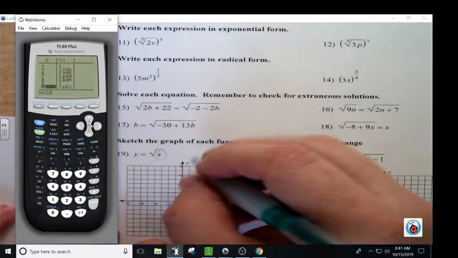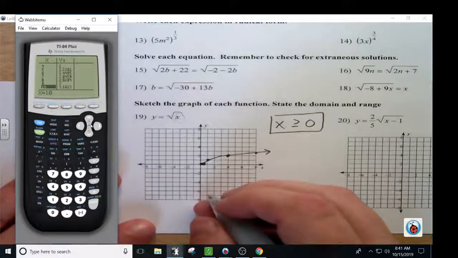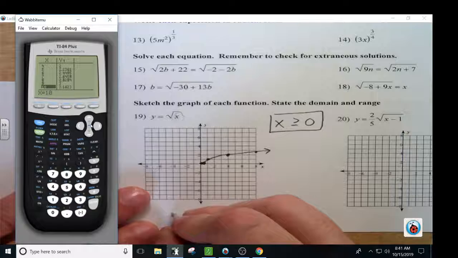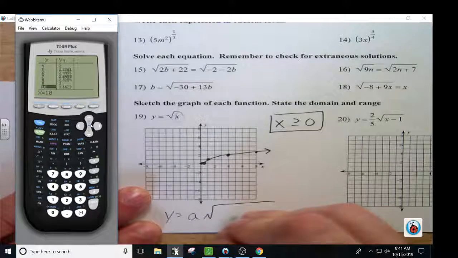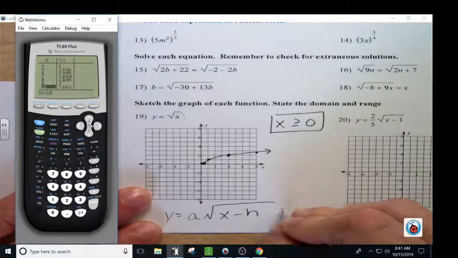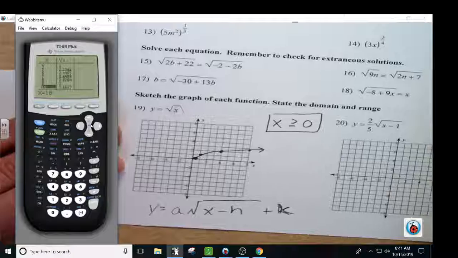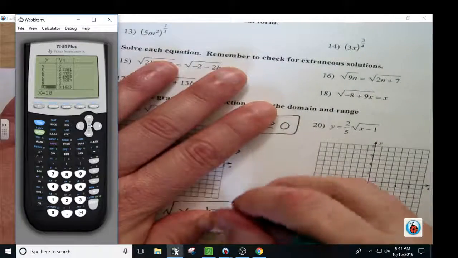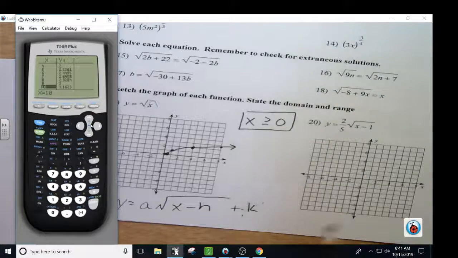Guys, now remember, the general form or standard form of a radical equation is y equals a square root of x minus h plus k. Looks a lot like the vertex form of a quadratic. Now, do I have a k value on this one?